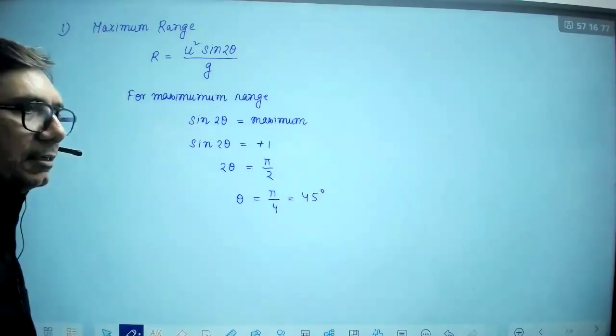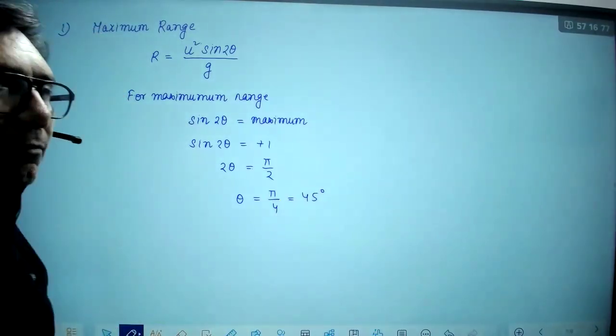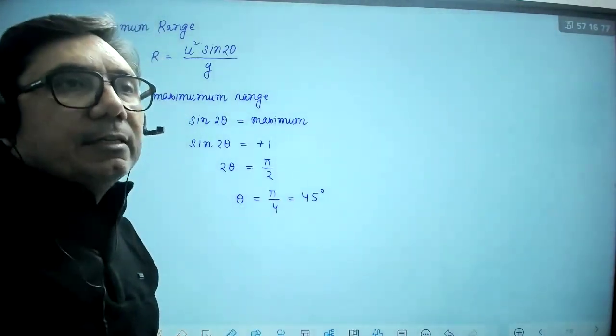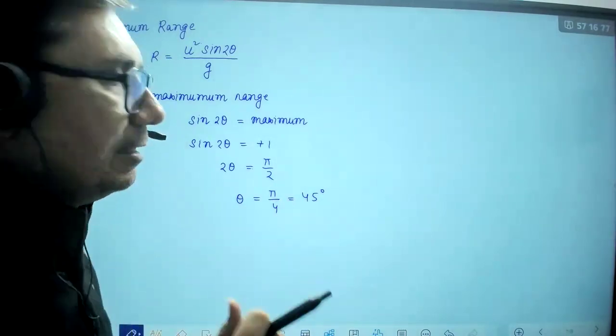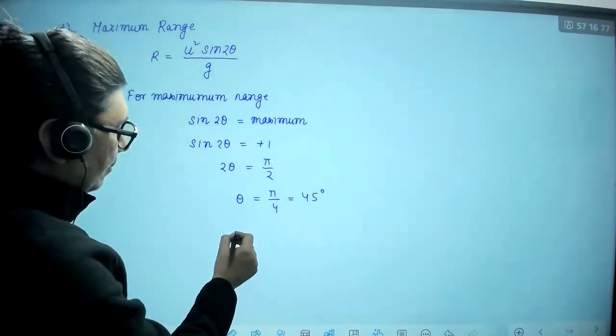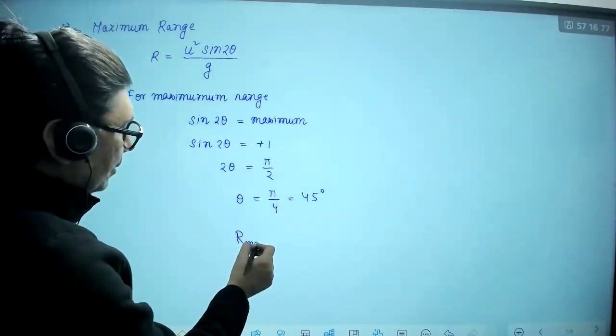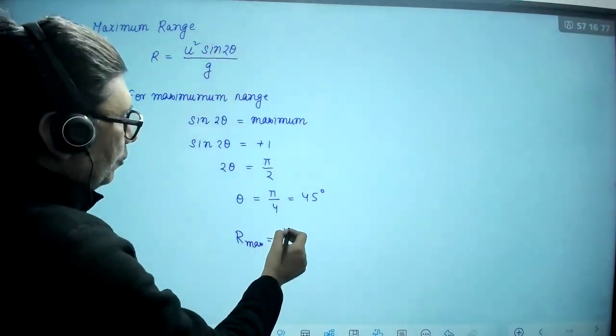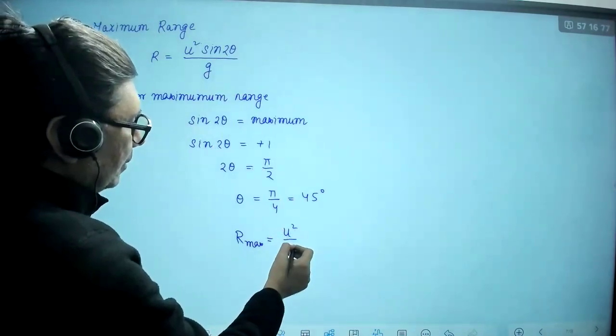So when you launch the particle at an angle of 45 degrees with the horizontal, you will get the maximum range. So the maximum range, R max, placing 1 here, will be equal to u square upon g.